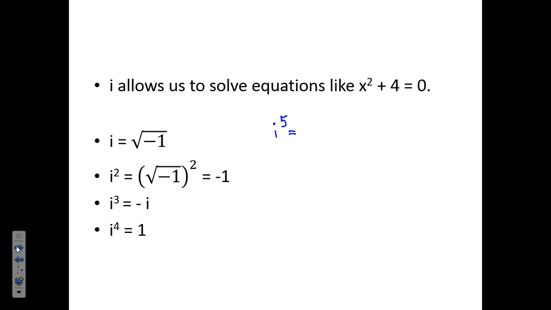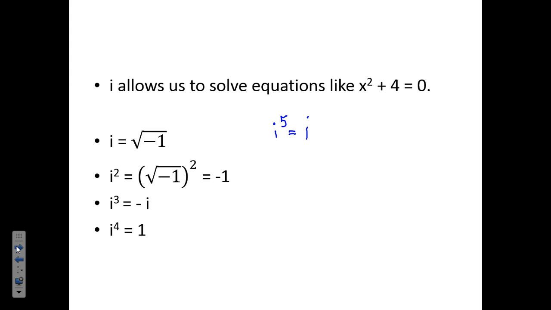Why is it just plain old i? Well, it's going to repeat the pattern, right? If I take i to the 4th, which is 1, times an i, 1 times i is i.